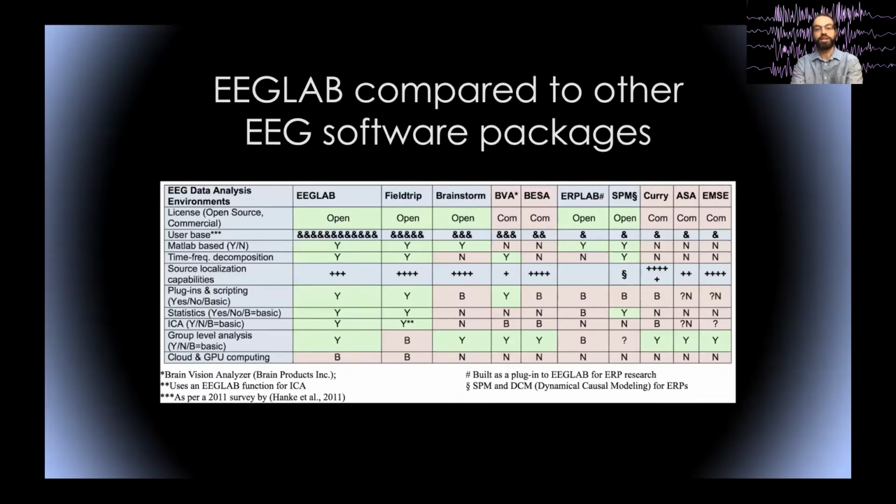So we also compared it to other tools in terms of what you can do, for example EEGLAB versus FieldTrip versus Brainstorm, etc. Whether they're open source or COM, which means commercial, and the type of user base, whether it's MATLAB based or not MATLAB based, whether you can do time frequency decomposition, source localization, plugins, statistics, ICA, group level analysis, etc. And cloud and GPU computing, again, that's an old slide here. I should say yes, because now we have NSG, which I'm going to demo today.